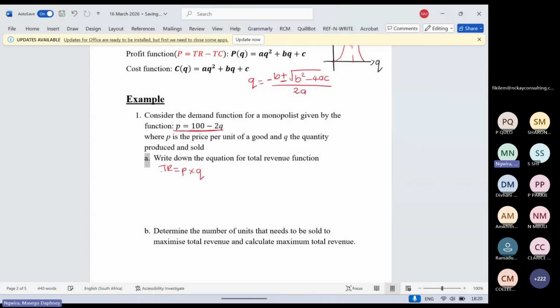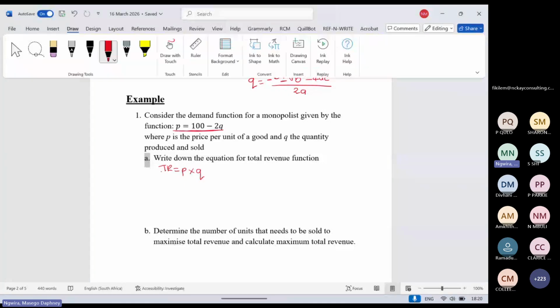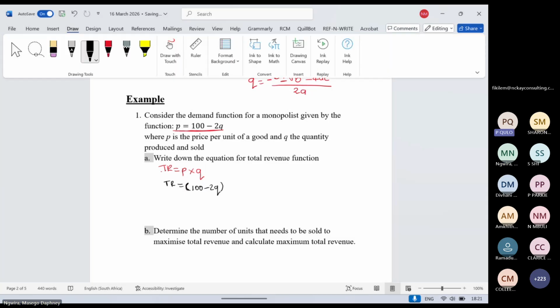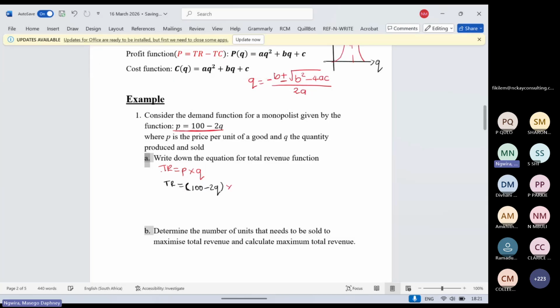So I am going to substitute, I'm going to replace. My TR is going to be equal to my P, which I put inside the bracket, 100 minus 2Q, and then times this Q.